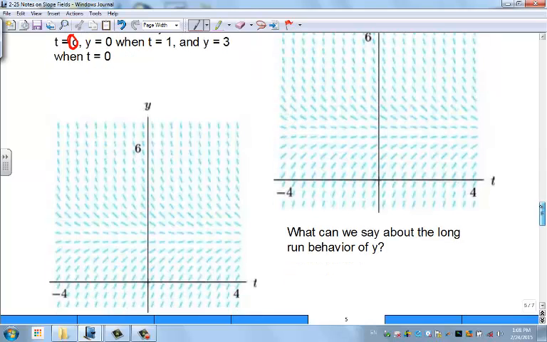Well, if 6 is up there, I would say that 2 is about here, and I would say that 4 is about here. So you're looking for the coordinates y equals 1 when t equals 0, the coordinates 0, 1, which would be about here.